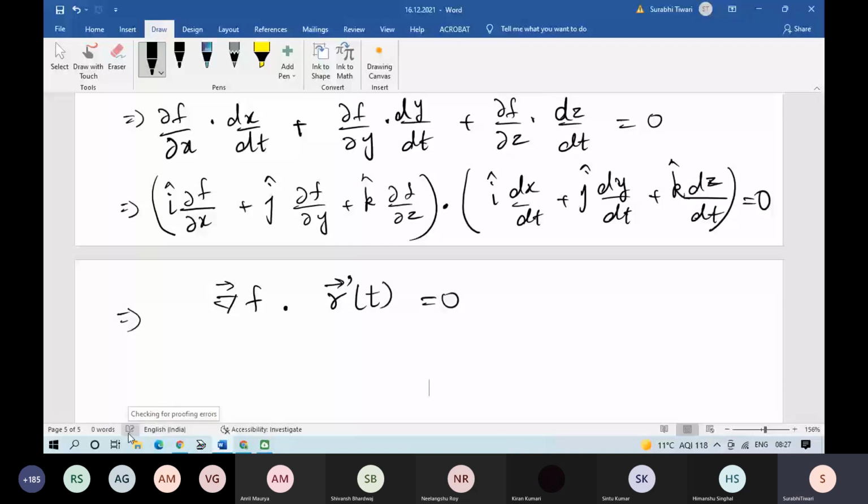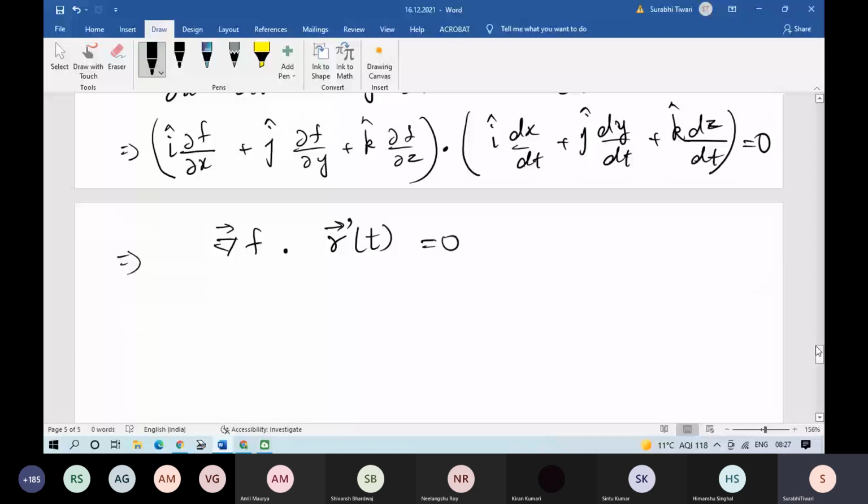So what does this mean? We saw earlier that r dash t is the tangent vector, and the dot product of the tangent vector and the gradient vector is equal to 0. This means that this gradient vector is perpendicular to the tangent vector. The direction of this gradient vector is perpendicular to the tangent vector, which is the direction of the normal vector. Clear, everybody?